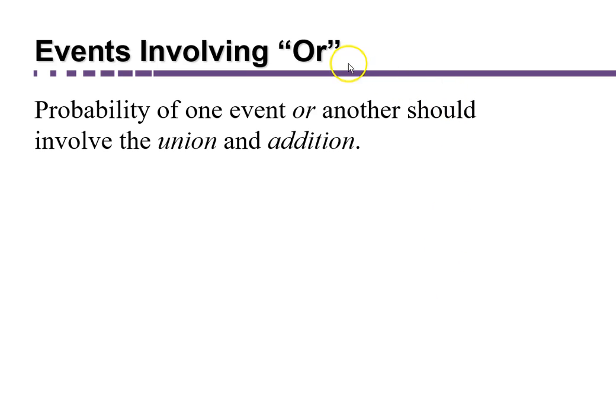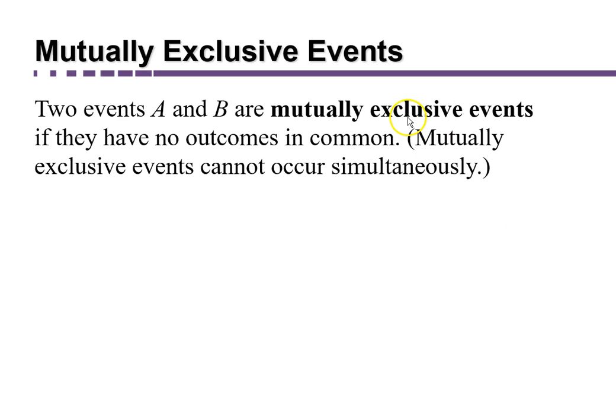All right, now we're going to look at events that involve OR. The probability of one event or another should involve the union and, in a sense, addition of things. So let's look at an example. Now, another thing we want to reflect on before we go on is what we call exclusive events.